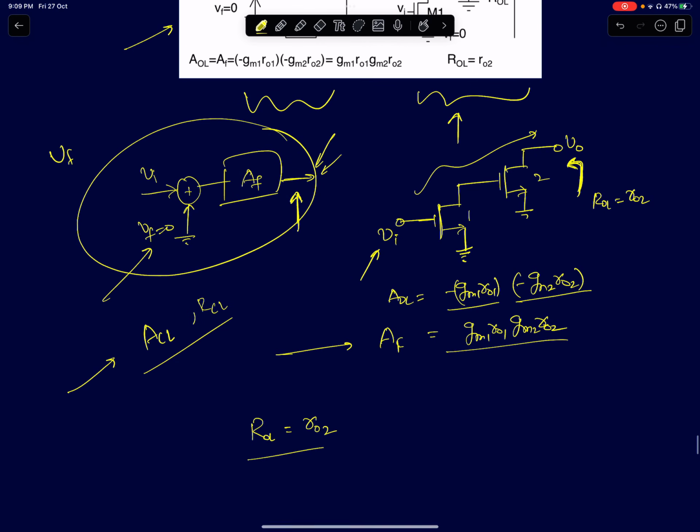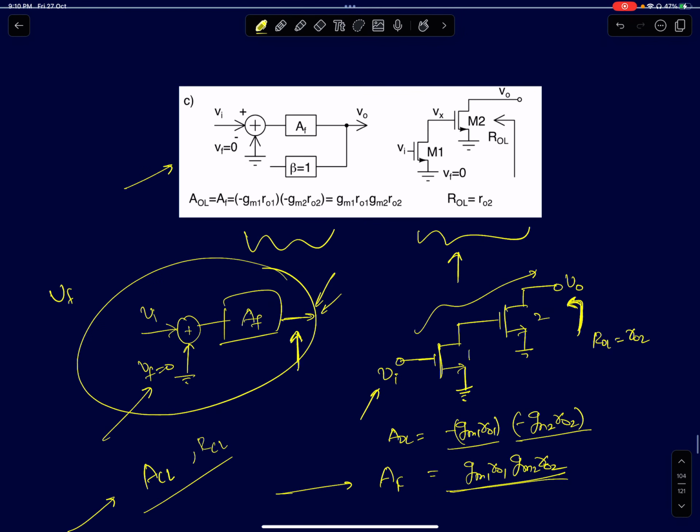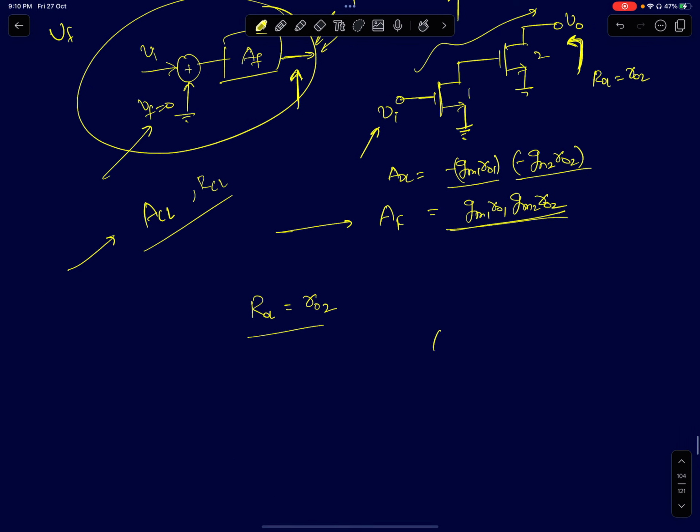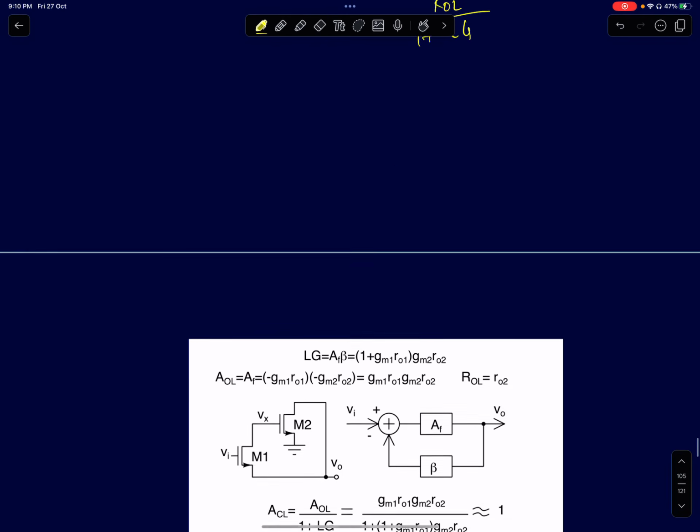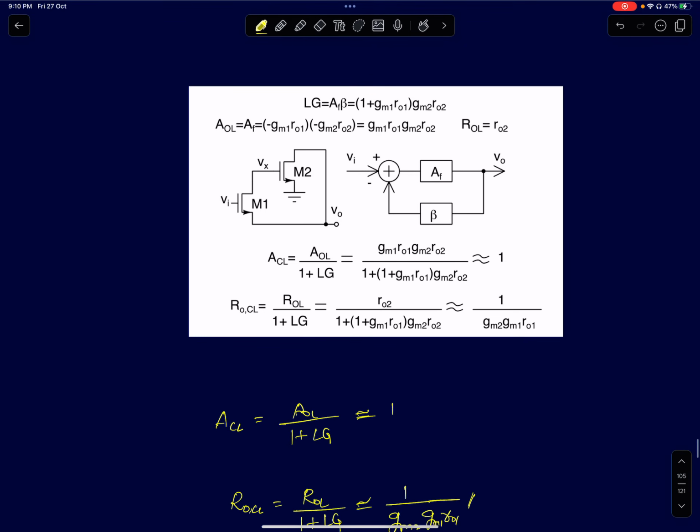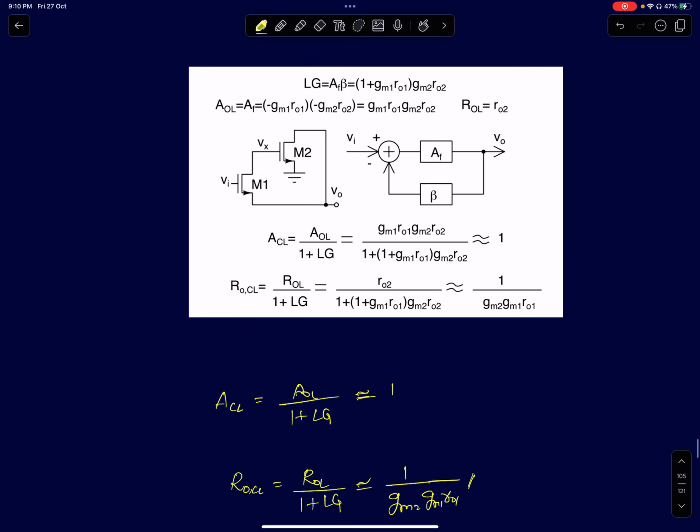We have the open loop numbers and we just have to find the closed loop numbers. From the circuit, the closed loop gain is going to be AF divided by 1 plus loop gain, and the closed loop output impedance is going to be the open loop RO divided by 1 plus loop gain. That's it. Since we already have the numbers, you just plug them into these equations, and you end up getting the closed loop values.